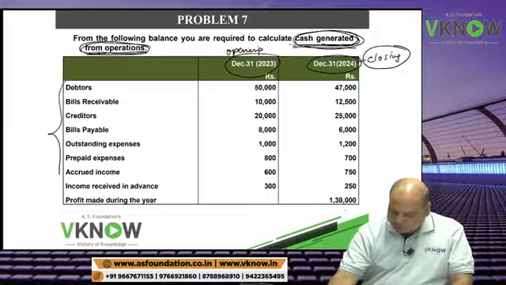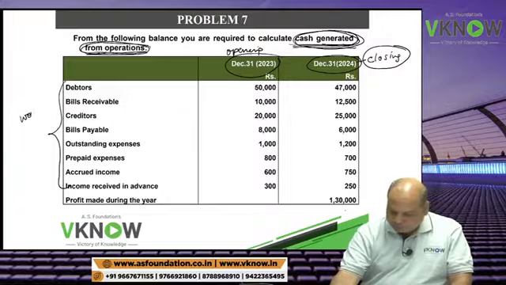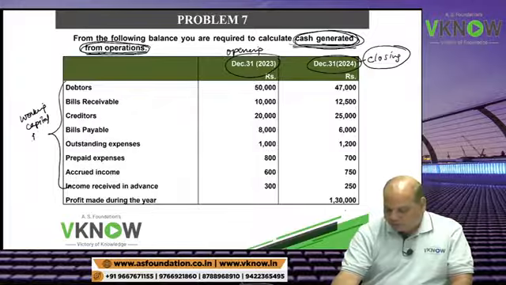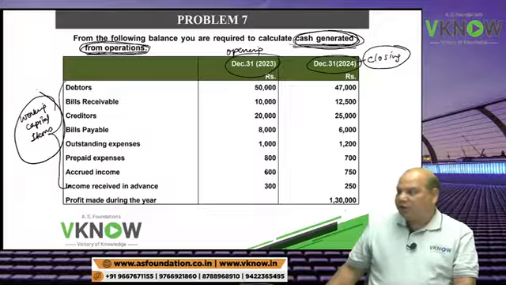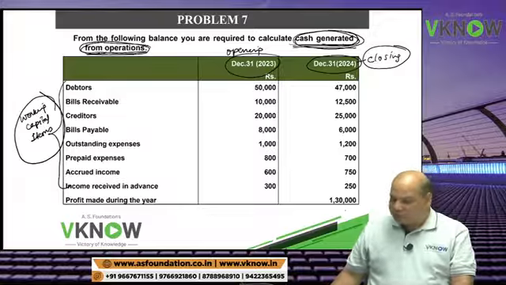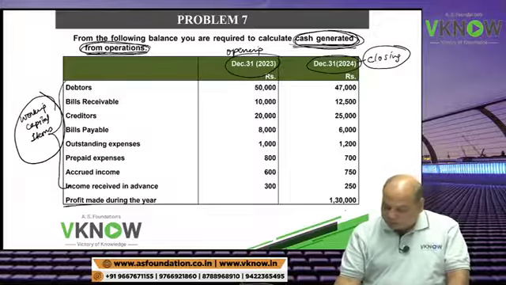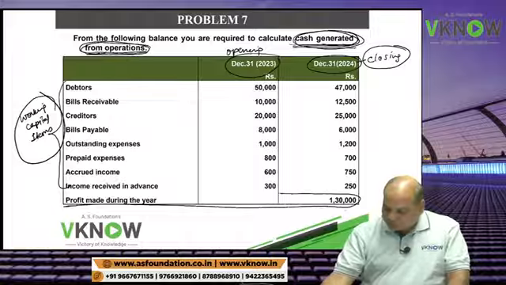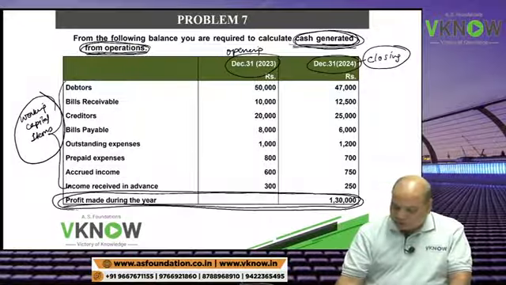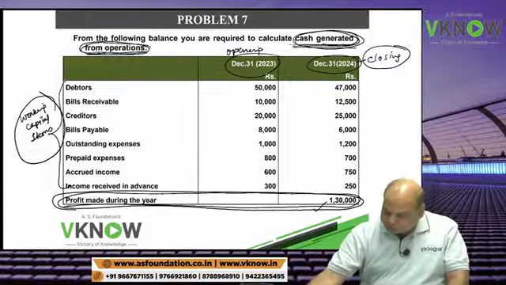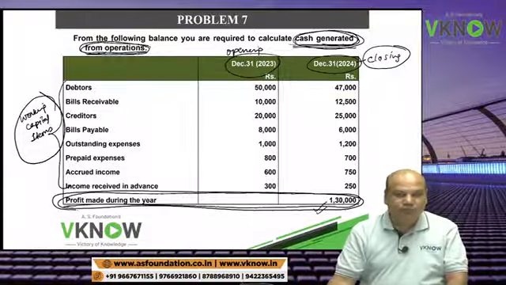All these items given to you are working capital items. Opening and closing balances are given to you. And in the last line they have said, profit made during the year is 1,30,000. So this is my starting number.